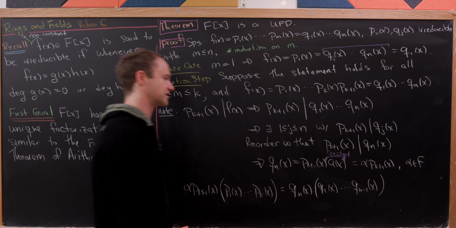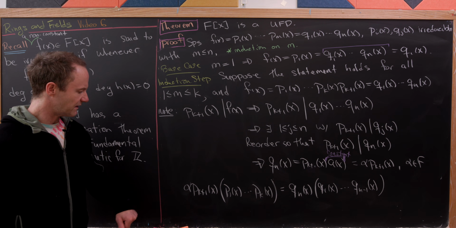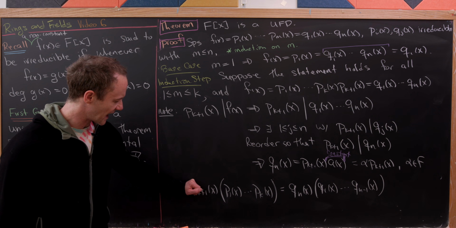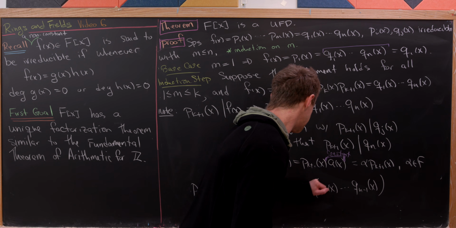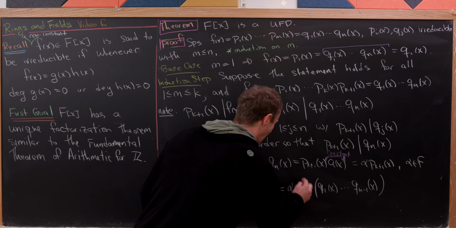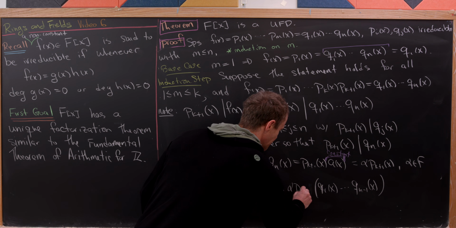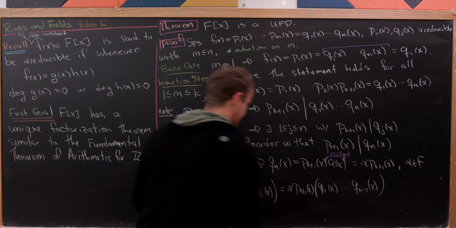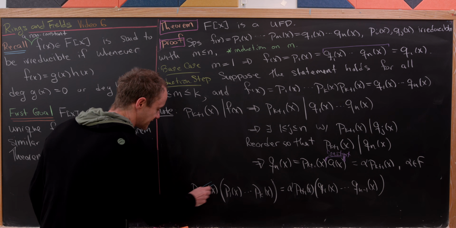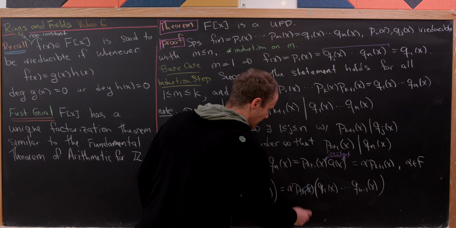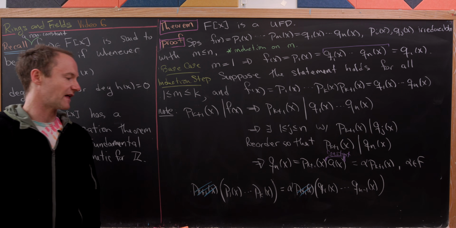So I just reordered some things there a little bit. And then I just realized that I shouldn't have put the alpha over here. I should have replaced this qn with alpha times pk plus 1 of x. But now what I can do is simply divide both sides of this equation by pk plus 1 of x. And then we've got this.